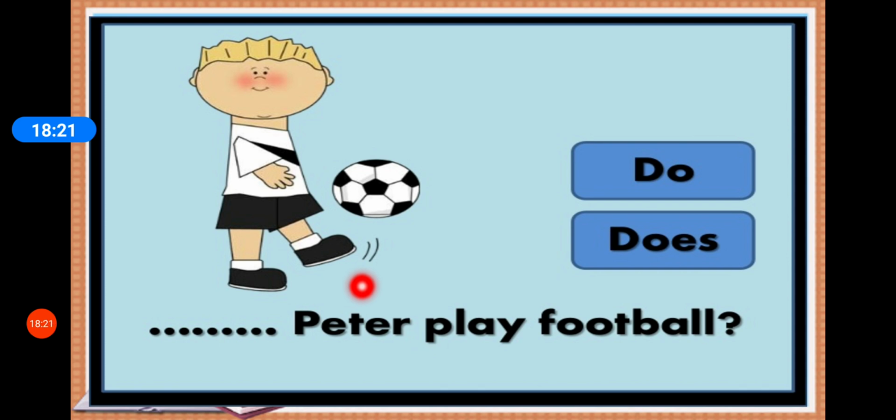And Peter is the name of a person, that is a singular noun. Now, we have learnt the rule: with he, she, it and singular nouns we make use of does. So it would be, does Peter play football?